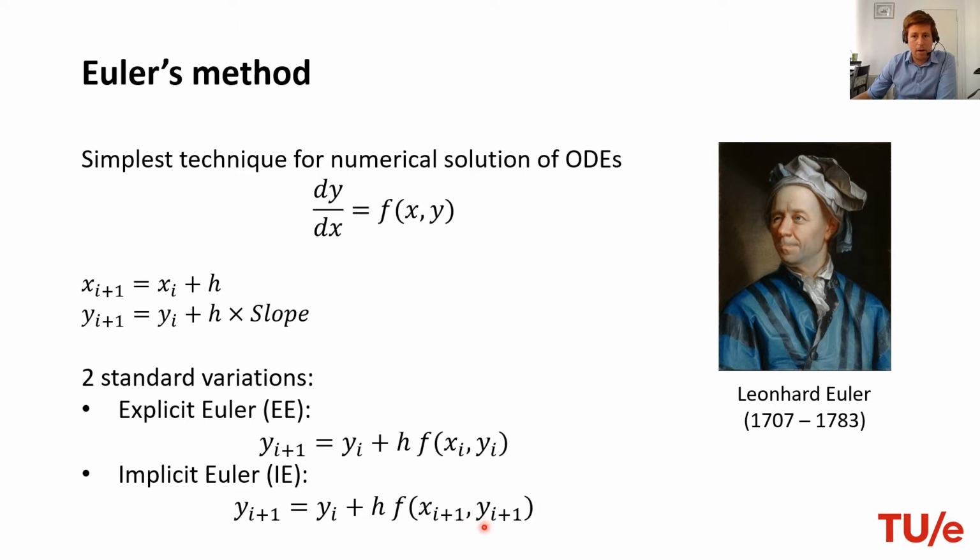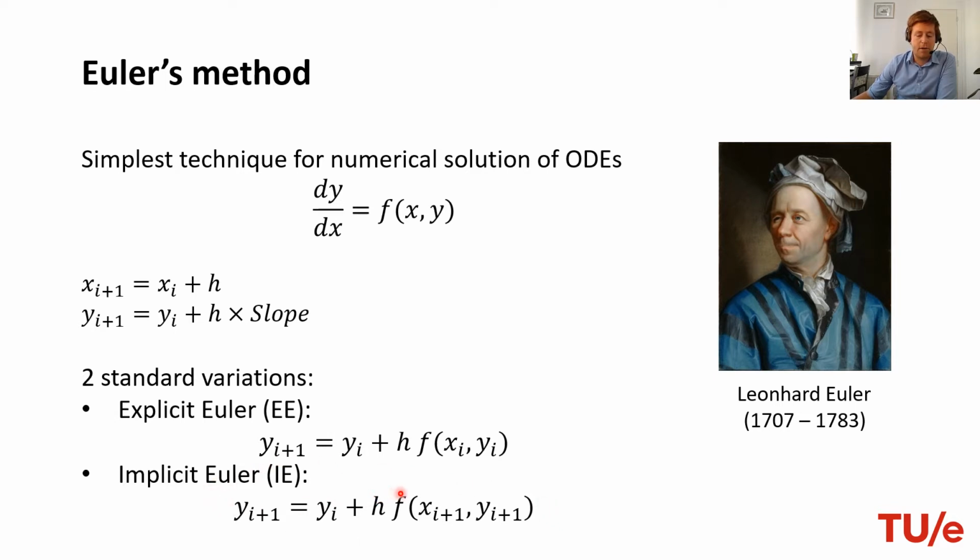And if we are at step i, this numerical solution in step i plus 1 is not known at that point. So this does not give us an explicit formula for yi plus 1, but this will lead us to an implicit equation for yi plus 1. So we still have to solve this thing over here to obtain yi plus 1.